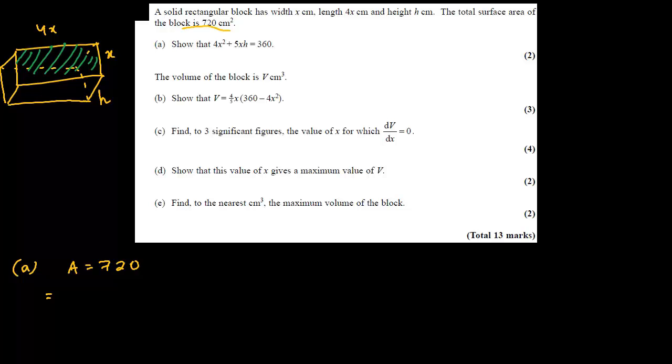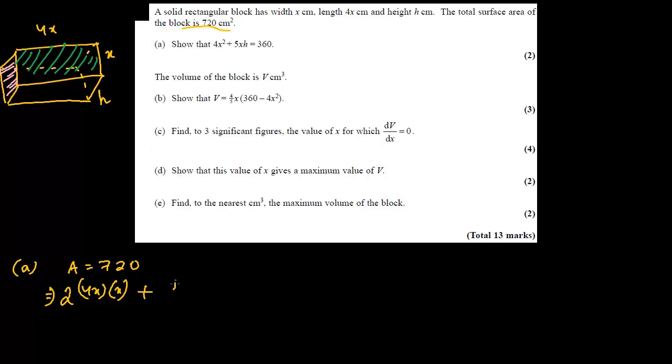So we have two different rectangles over here. So the first one would be length into breadth, 4x into x. Since the bottom one is also the same, we write 2 into that instead of adding. Then we have this side over here, and this would be this side over here. So this would be again length into breadth, which is h into x.